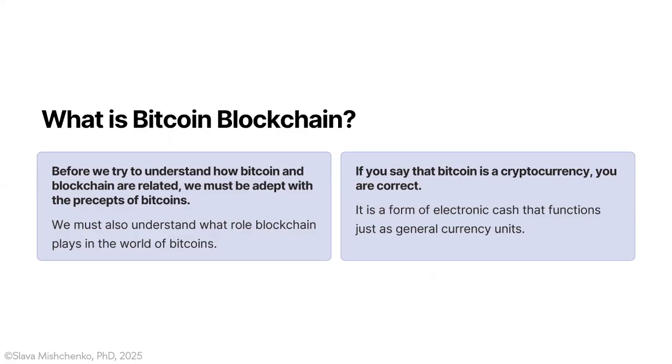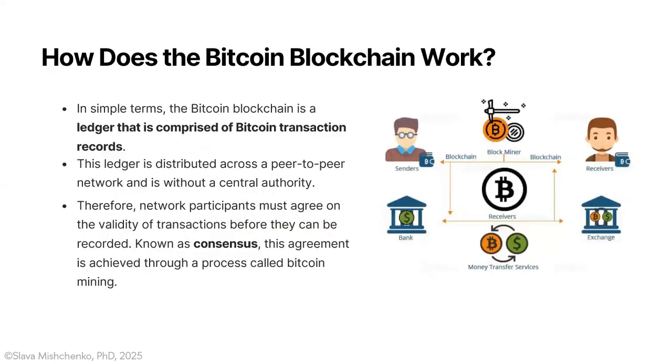Because this relationship between Bitcoin and blockchain is one of the most fascinating aspects of modern financial technology. And I think that understanding it is crucial for everyone interested in the future of finance. And now let me walk you through how the Bitcoin blockchain actually works in practice.